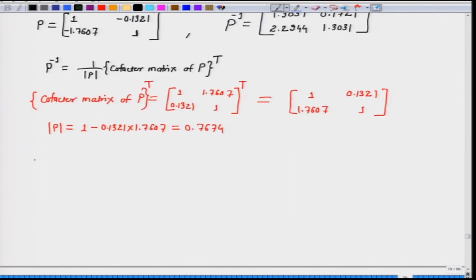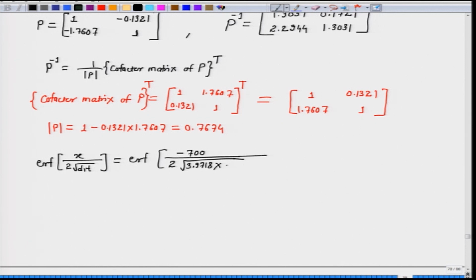So, we need to find the error function terms. The first error function term is x over 2 root d1 t, and x is given to be minus 700 micron divided by 2. d1 we have obtained as 3.9718, that is the first eigenvalue, times the time, 172800 seconds. Now, we can refer back to the same error function tables and evaluate the error function of this term.